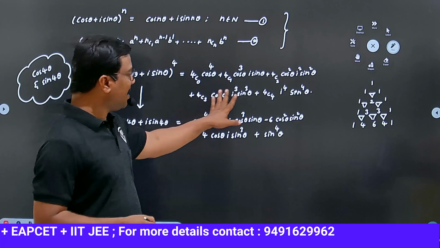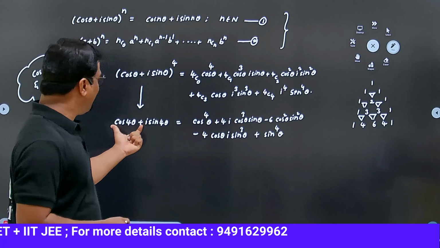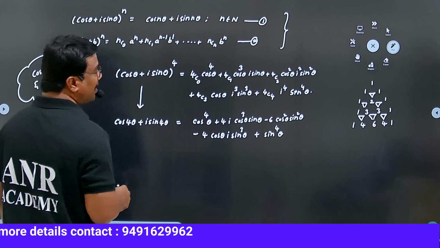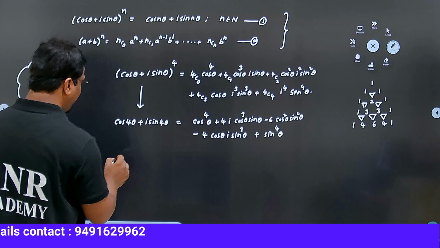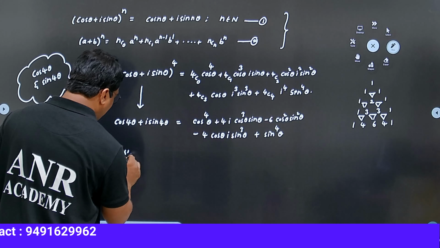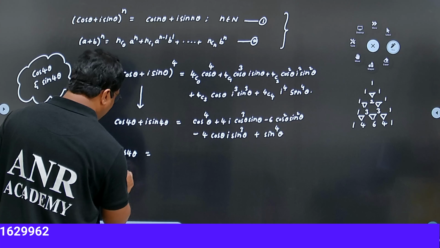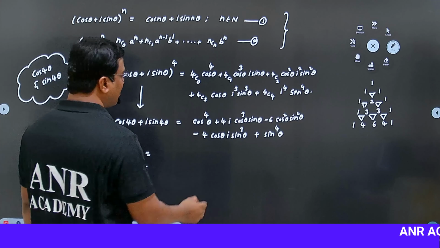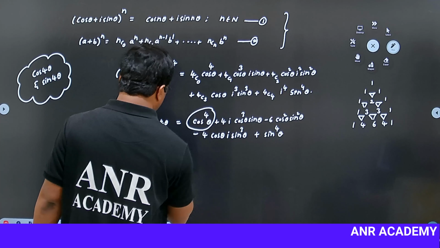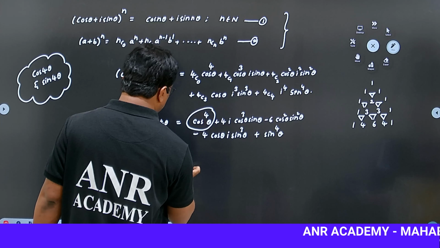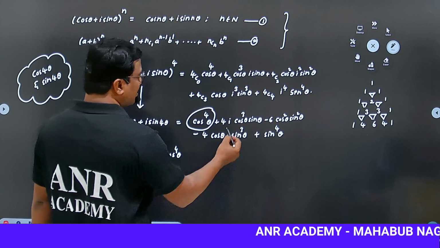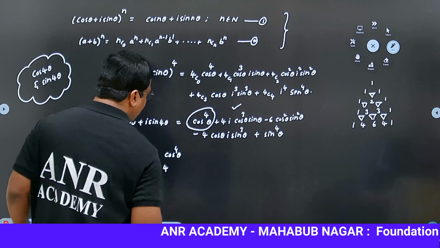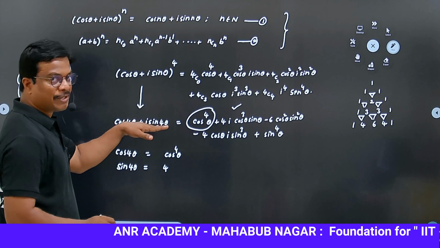There are real as well as imaginary parts, and on the left hand side also you have a real part as well as an imaginary part. Comparing real parts, what do we get? Both sides, I am going to compare the real parts first, and then the imaginary parts. Comparing real part, this one is real, so cos^4 theta here I am going to write. This is imaginary, right? This one is the imaginary portion, sin 4 theta value.